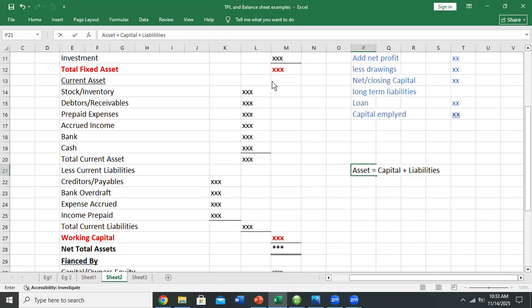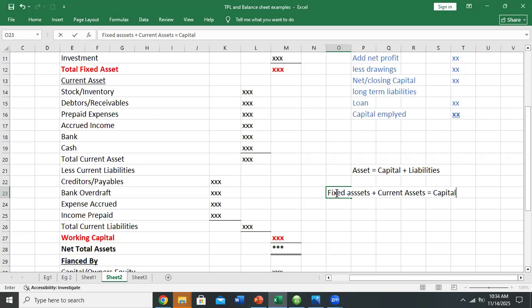Now let's do some divisions. We know the asset is made up of fixed assets plus current assets, right? And then capital is capital. But you know capital is affected by drawings and what? Profit. Okay.